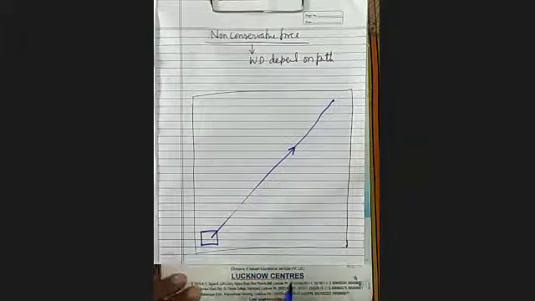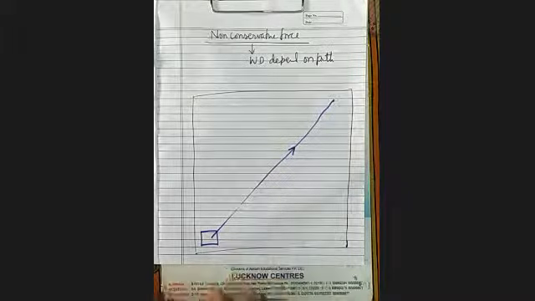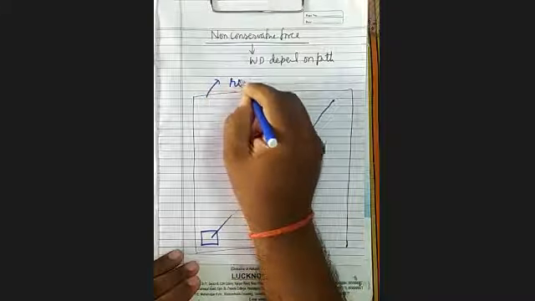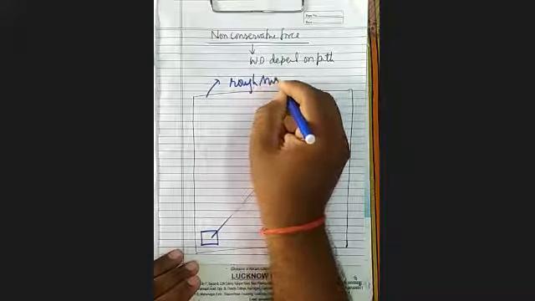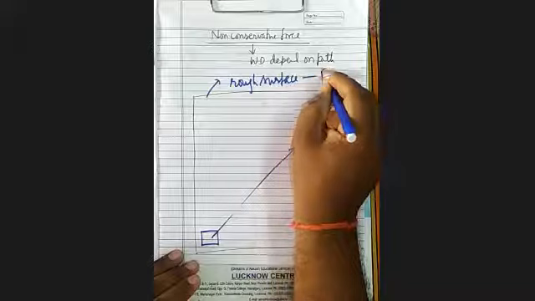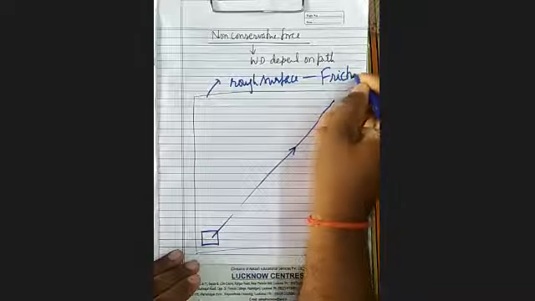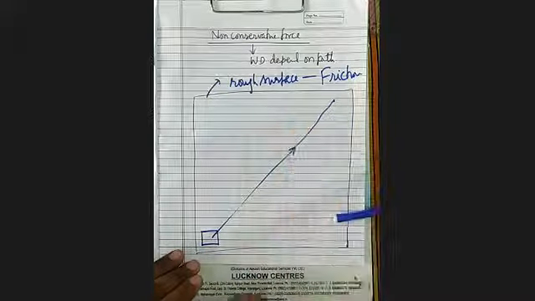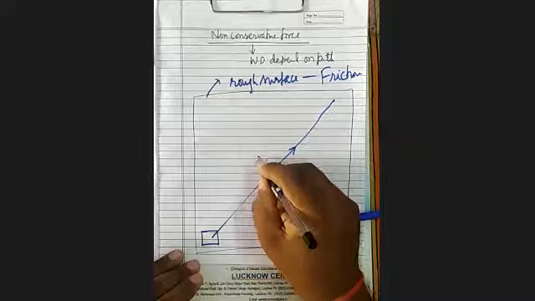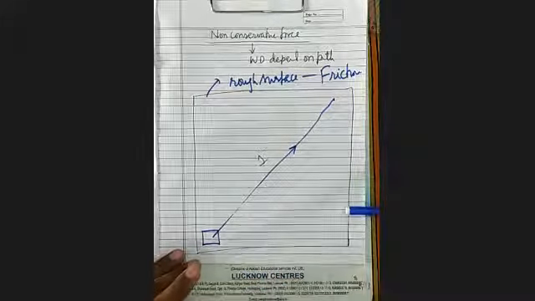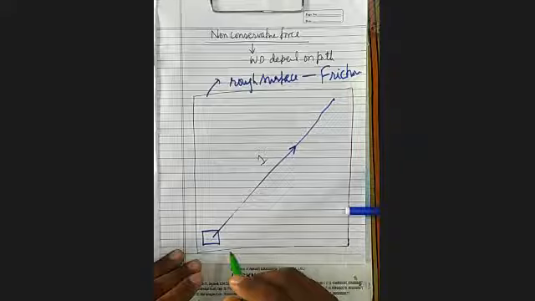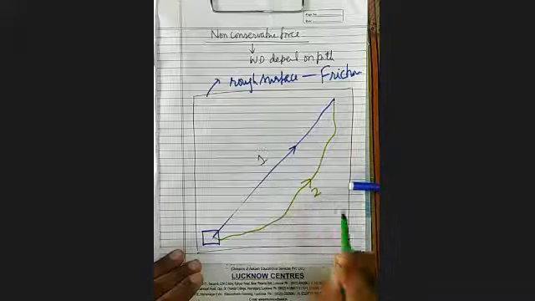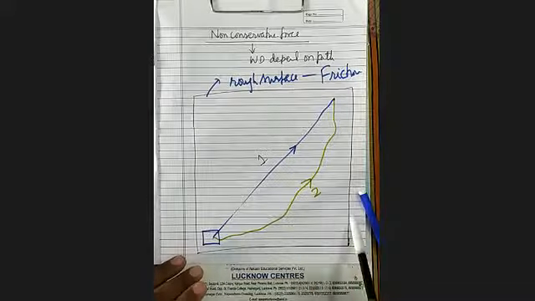It is a rough surface, which means there will be some friction here. Once you have taken the body through this way, you can call this path 1. Then you have taken the body through this way, this is path 2. And then you have taken the body through this way.